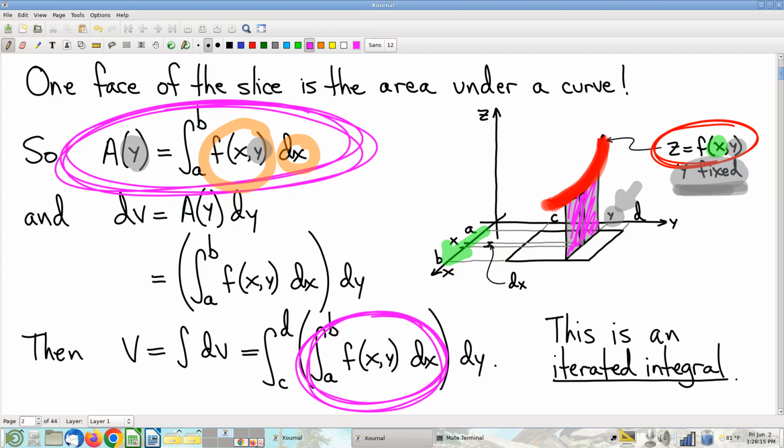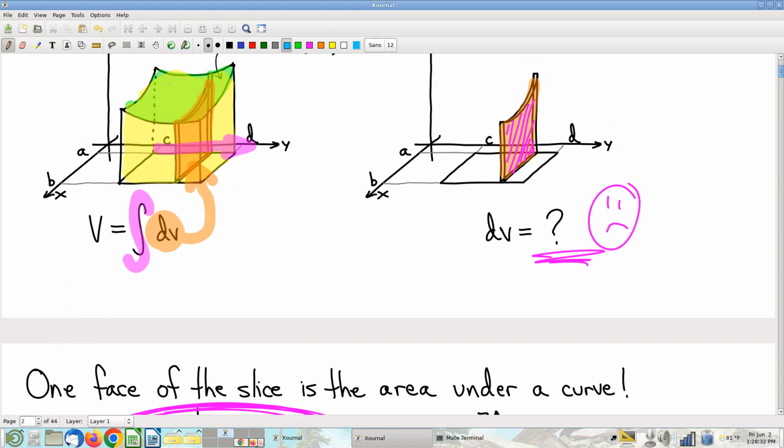Cross-sectional area times thickness, right? How thick is our little slice of bread here?